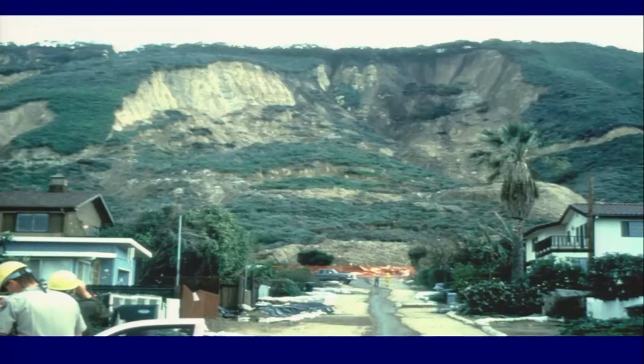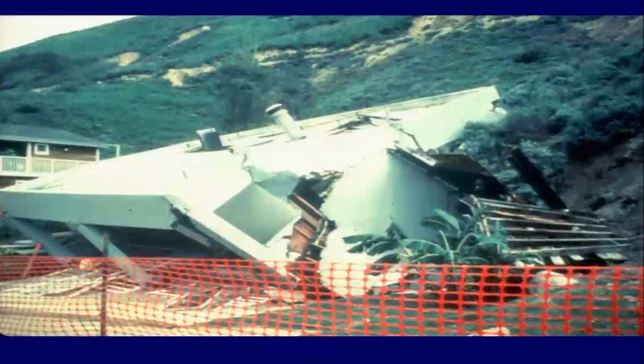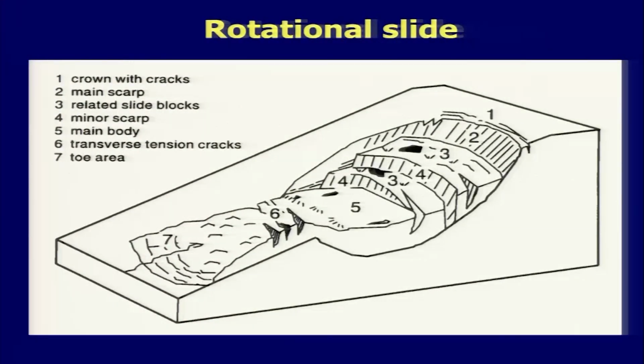Another example of that. So, a rotational slide in total, if you categorize, then what you have is one, the crown with cracks at the top, second, the main scar, and third, relative slide blocks along the definite spoon shape surface, minor cracks which will be seen in this portion, and then the main body, and then transverse tensional cracks which will be seen here, and the toe area.